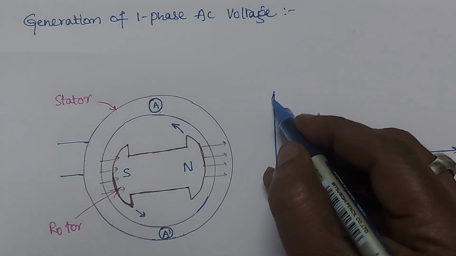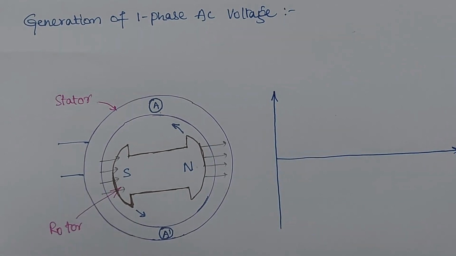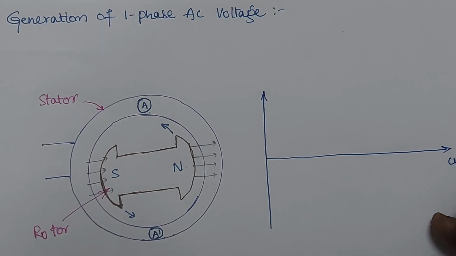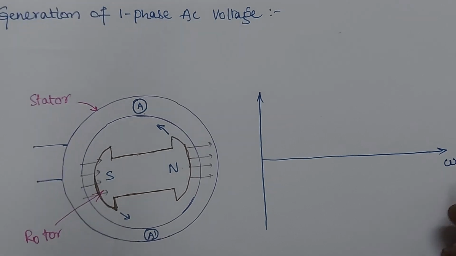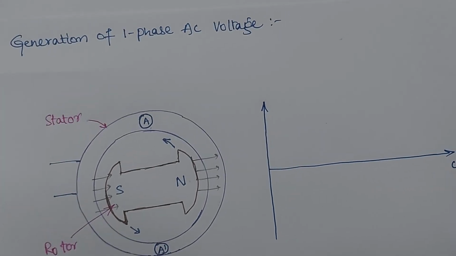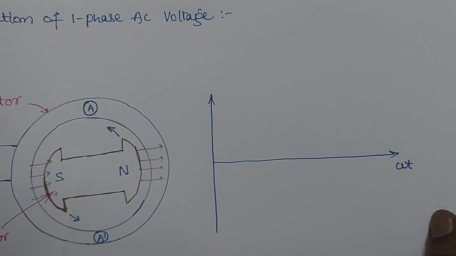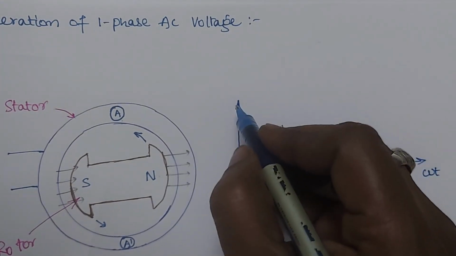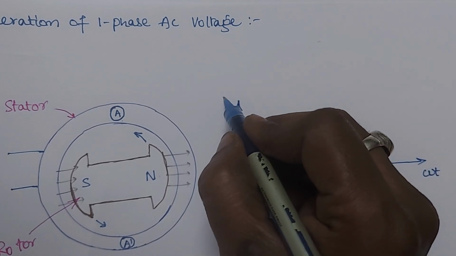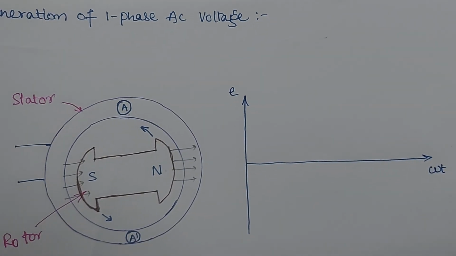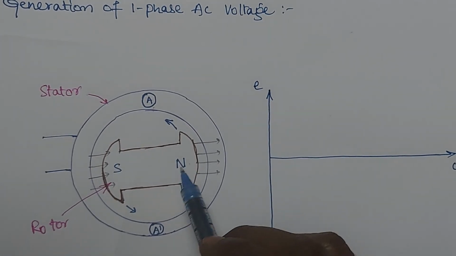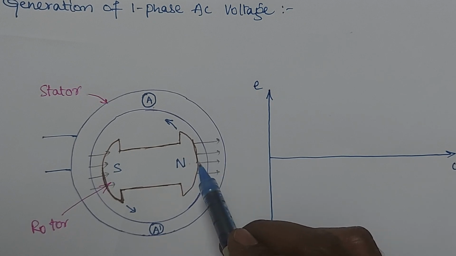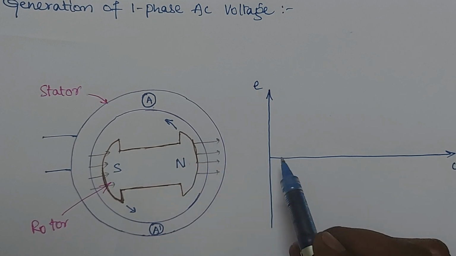Now in order to trace out that EMF waveform, I need the x-axis as omega t, and in the y-axis I will take the induced voltage, that is the induced EMF E. Now in this position, I will take this as a reference value, that is 0 degrees.